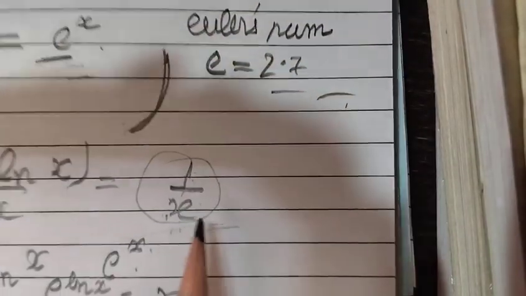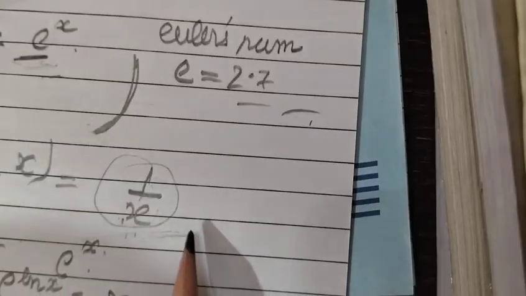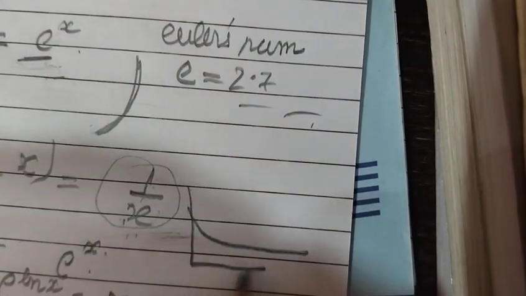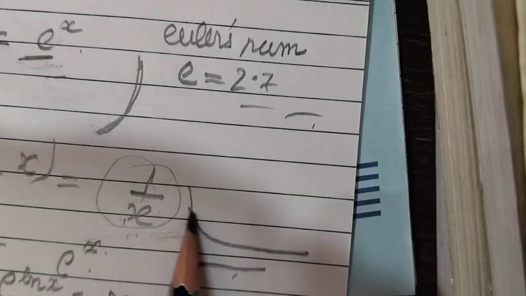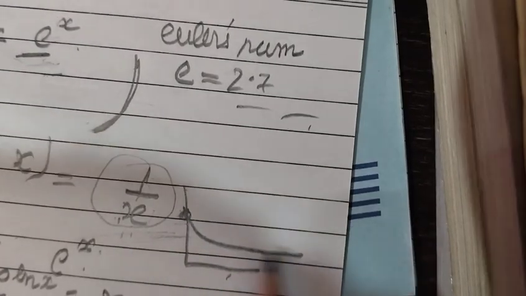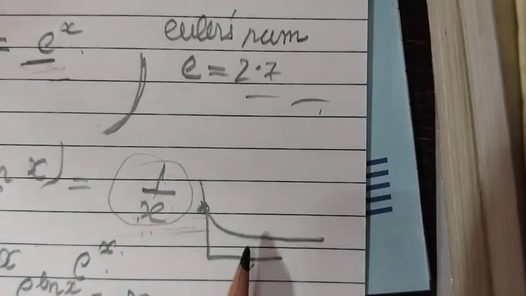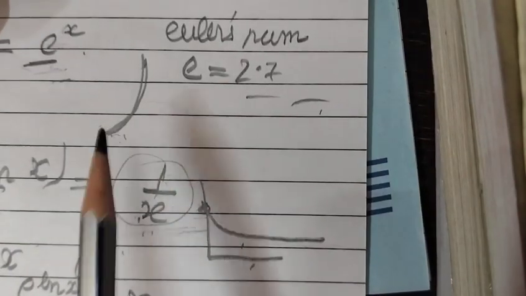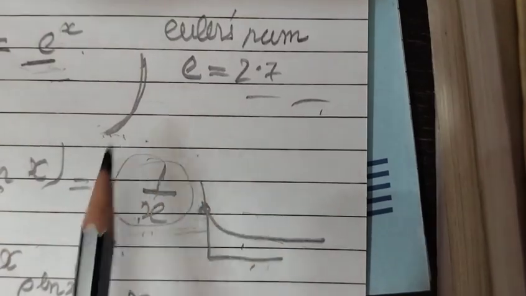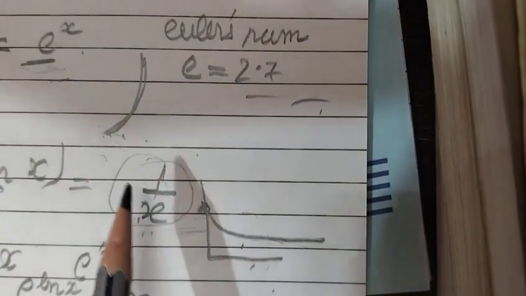This would represent a graph that looks like this. This starts at 1 and slowly it gets flatter and flatter. This is the inverse of this. We are going to get a deeper understanding after learning about graphs and functions.